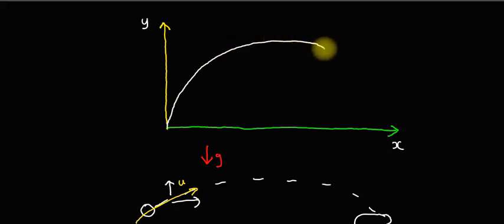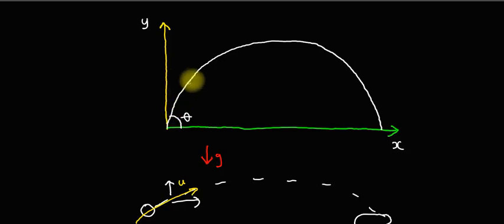So I'm going to draw a parabolic path here to show the motion of an object which was launched from an angle theta inclined to the horizontal. Now at every point in the motion of this object, it's going to have two components of velocity.